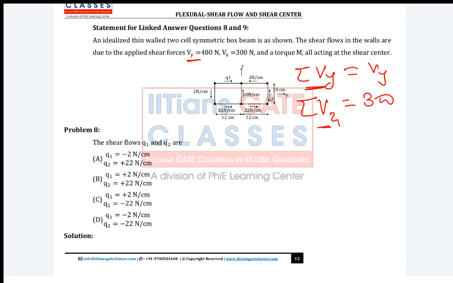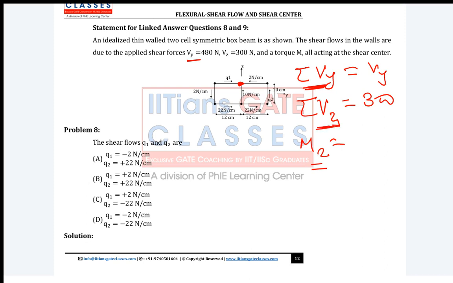And if you take moment equivalence of all these applied forces about this point, the shear center, that will be equal to your applied torque, Mz. Now how to take sigma Vy and sigma Vz, I'll tell.